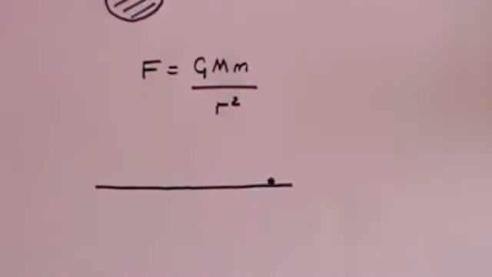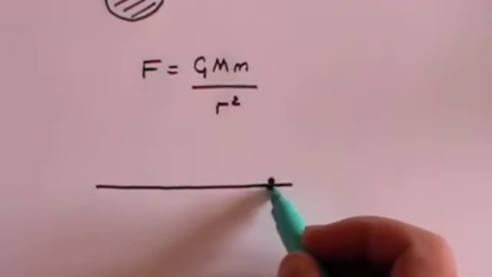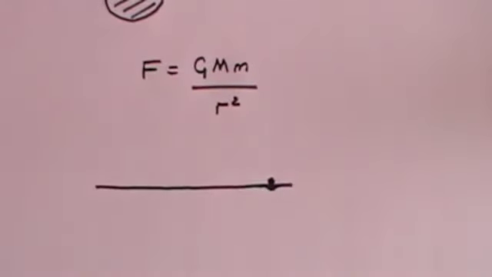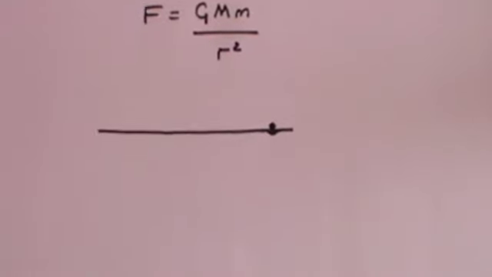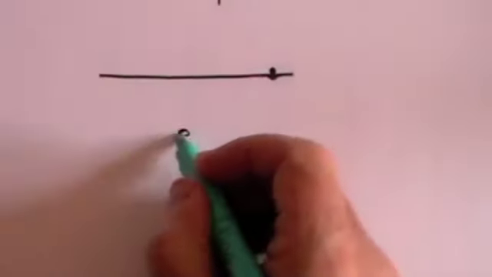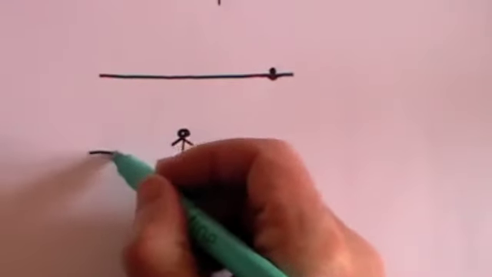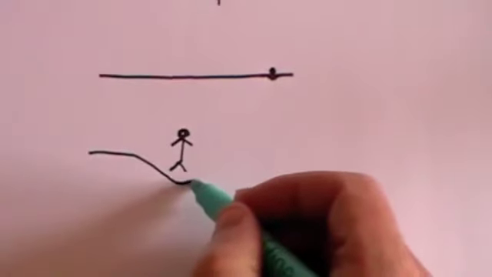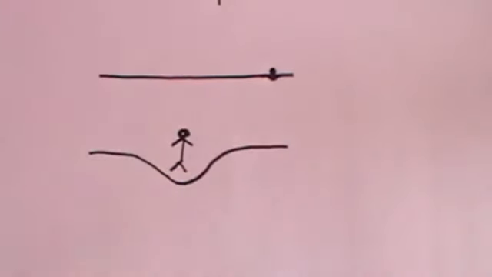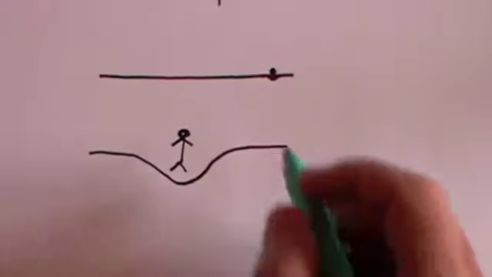The marble will have virtually no effect. It might make a very tiny indentation on the trampoline. But now let's suppose I get on the trampoline. Well, if I get on the trampoline, with my weight, the trampoline is going to bend quite substantially. And that is the equivalent of bent space-time, or curved space-time.